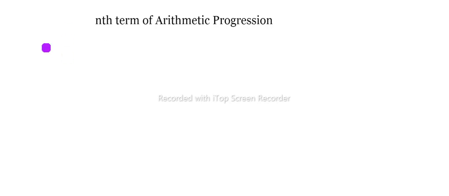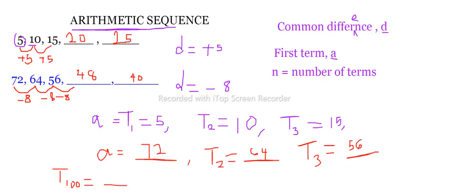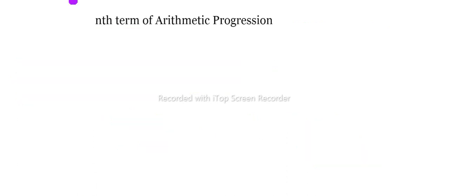Now, if you want to find, just like I said, the 100th term, we have our sequence here. Let me use the first one: 5, 10, 15. If I want to find the 100th term here, the terms continue.